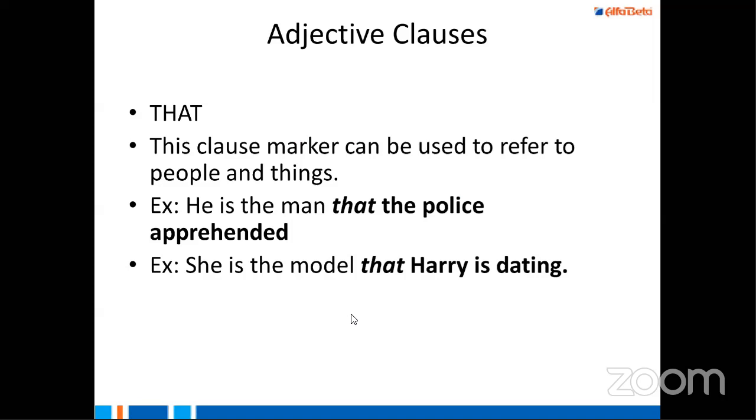Next, that as a clause marker for adjective clauses. In both these examples, what you can see is SVO and then adjective clause. That is used when people and things are being described. It can be used to describe things too.